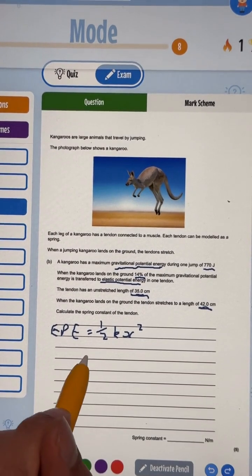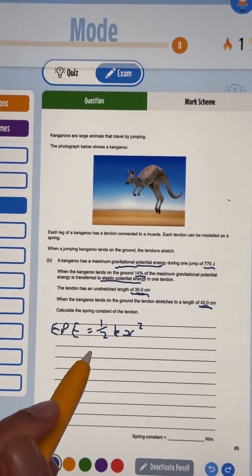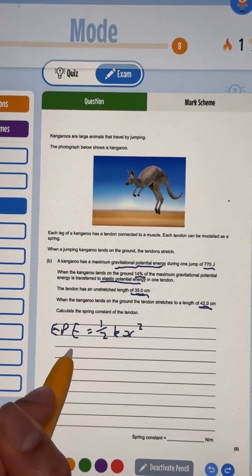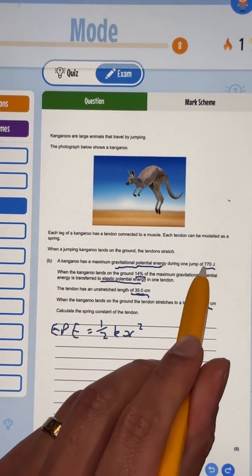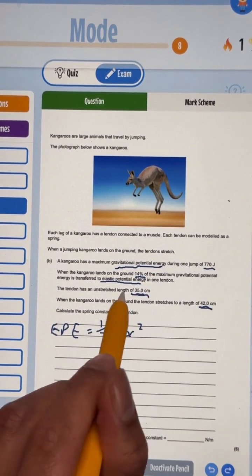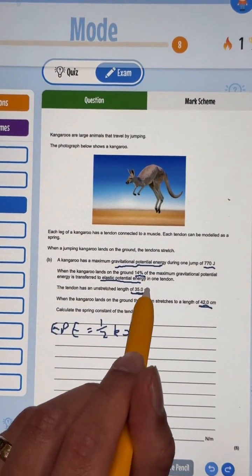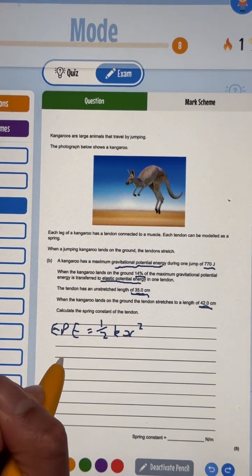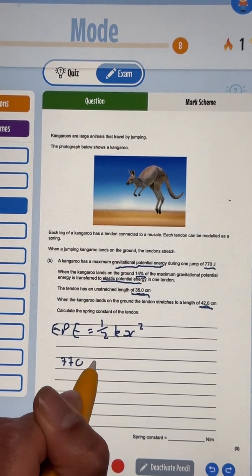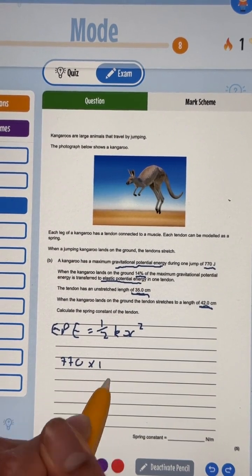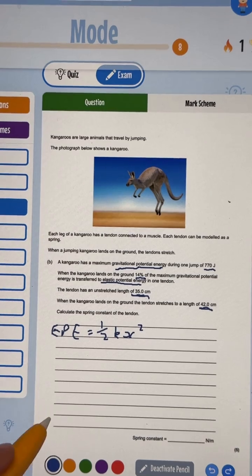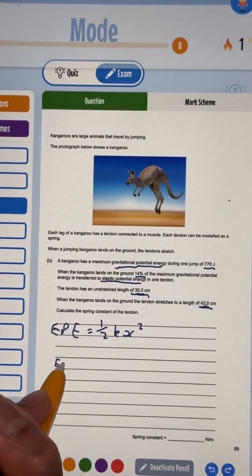So if this is the equation, we don't know the elastic potential energy, we need to work it out because they've told us 770 joules is gravitational potential and 14% of that is transferred to this EPE. So we will need to do 770 times by 14. Actually, before I do that, I'll show why I'm doing this, because I mentioned it's to do with efficiency.